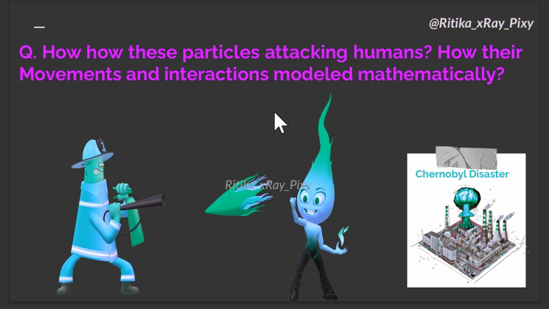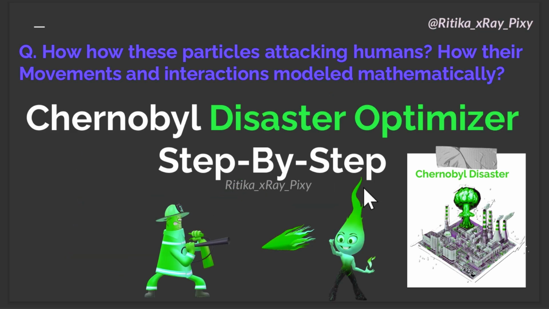Now the question is how these particles attack humans and how their movements and interactions are modeled mathematically. Now we will understand the Chernobyl disaster optimizer step by step.